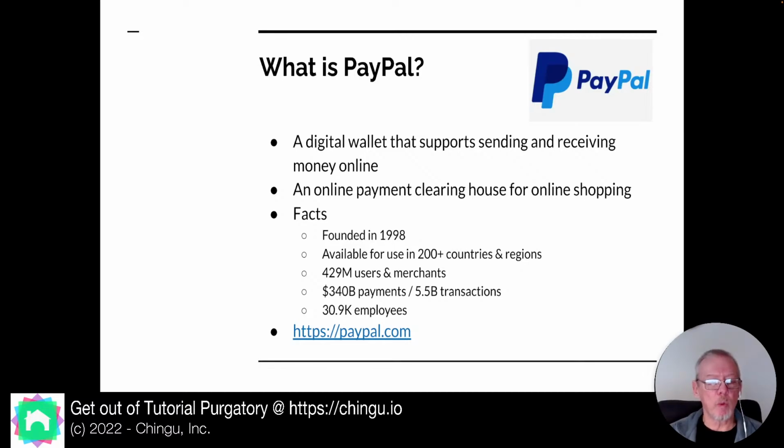They have 429 million users and merchants. They've processed $340 billion US dollars worth of payments, over 5.5 billion transactions. So that's quite a large workload. And they have 31,000 employees right now. So they are a large organization. If you want to learn more about PayPal, you can always go to their main website, https://paypal.com.